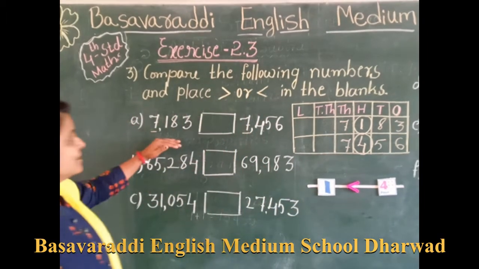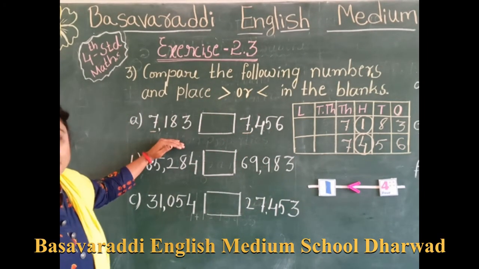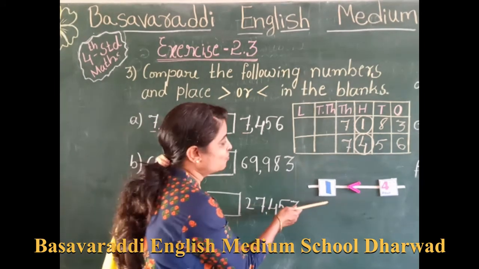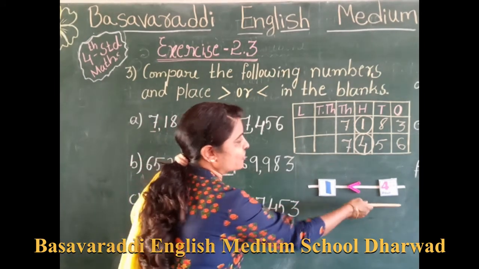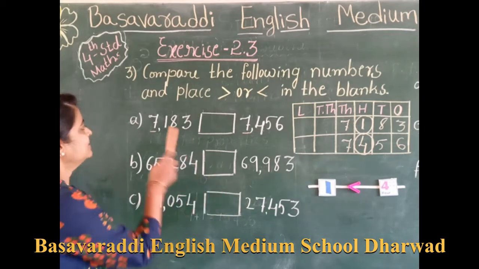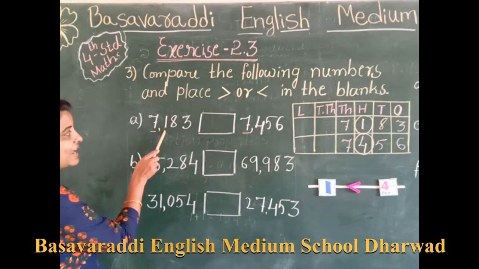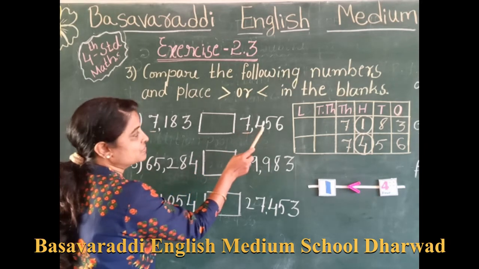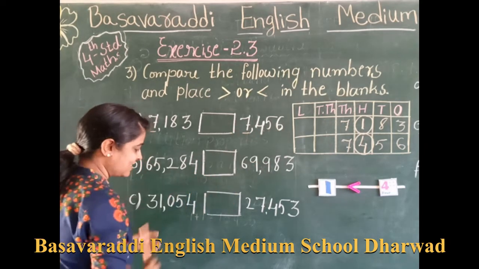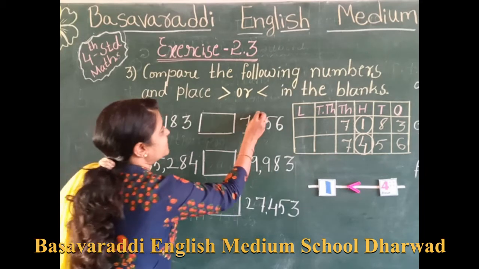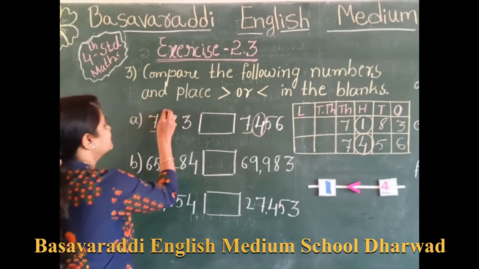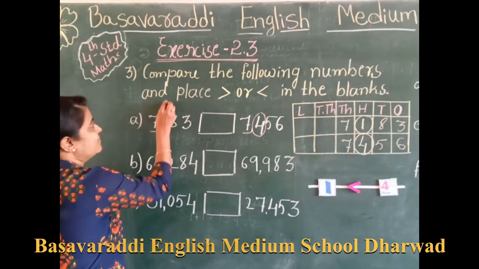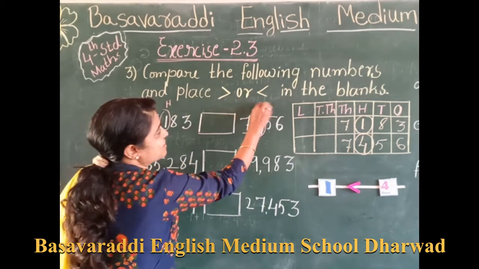Now you come to our original question. We already said 1 is smaller than 4. Then same here: 7183 is smaller than 7456. Which place did we compare? We compared the hundreds place.